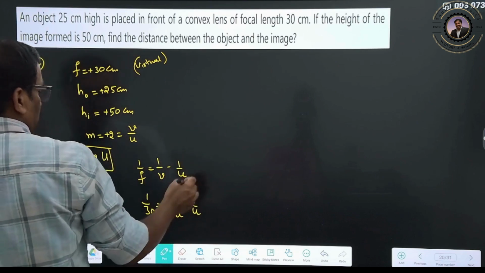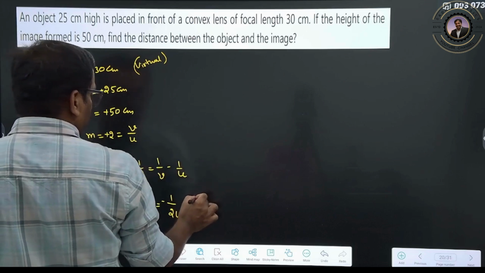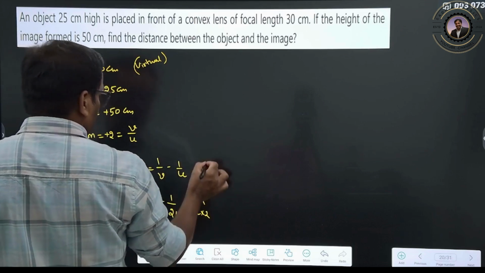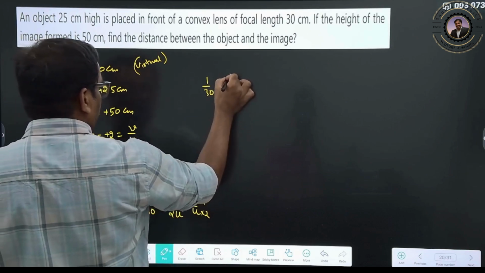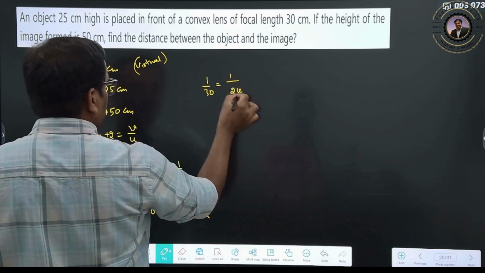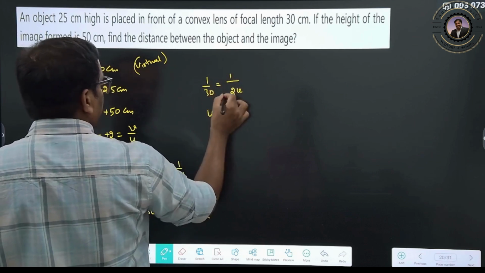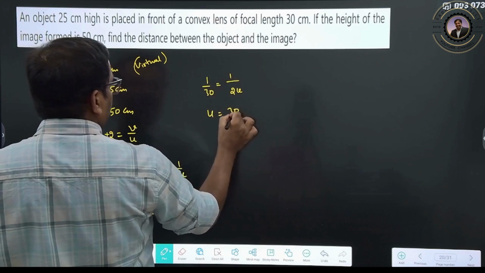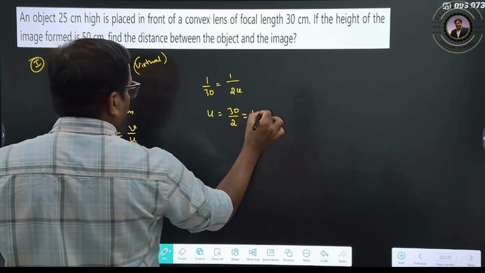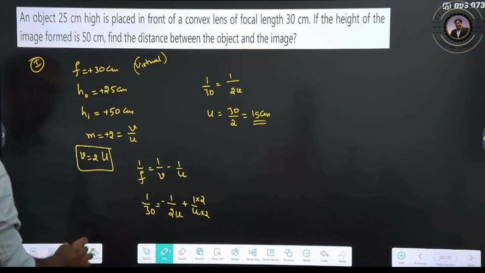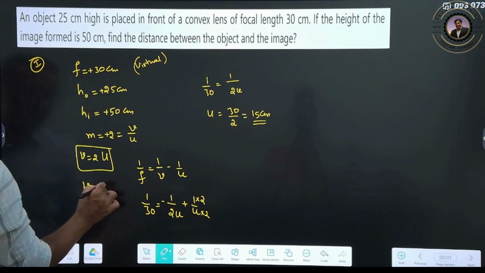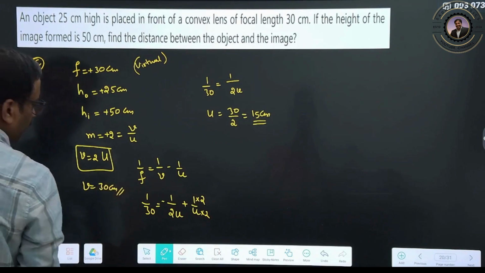Clear? So I can multiply with 2, therefore 1 by 30 will be equal to 2 minus 1, therefore 1 by 2u. So u is equal to 30 by 2, which is 15 centimeter. So v is 30 centimeter. Clear?